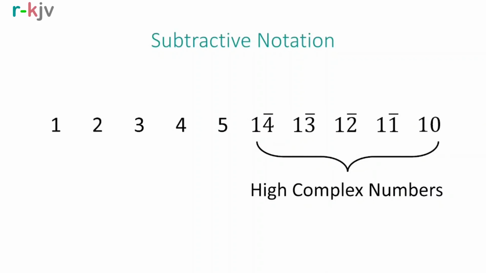The upper half digits of a base form a group of numbers that are referred to as high complex numbers. The main reason why they are referred to as high complex numbers should be that the numbers are represented in a variety of formats so as to favor a desired number operation.